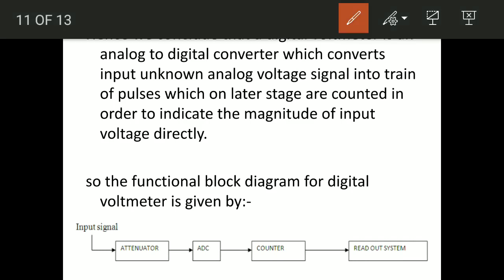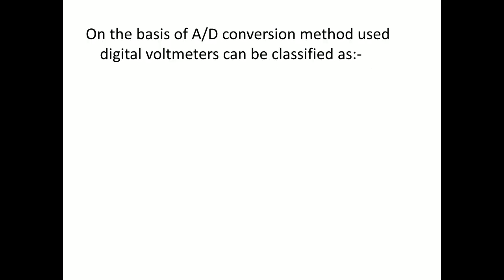So from this diagram it is very clear that a digital voltmeter has mainly 4 components in it. First one is the attenuator, second one is the analog to digital converter, third one is the counter, and fourth one is your readout system. Now from the diagram it is very clear that the main working component of the digital voltmeter is nothing but the analog to digital converter.